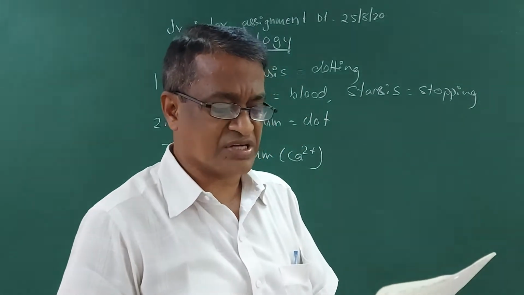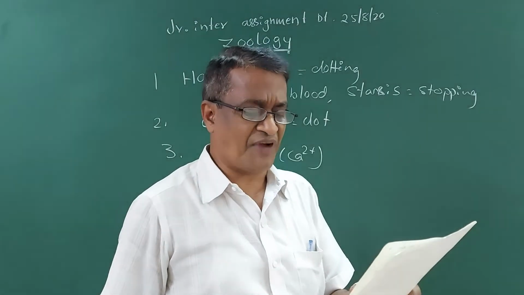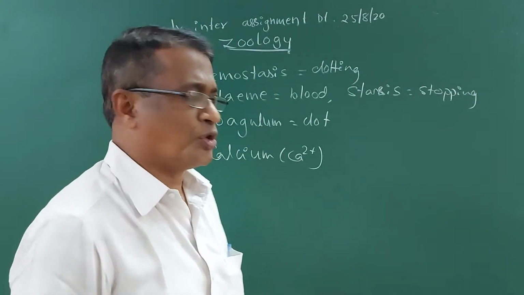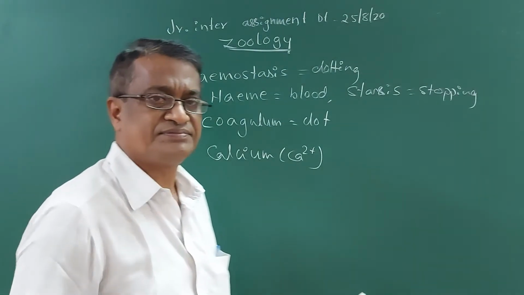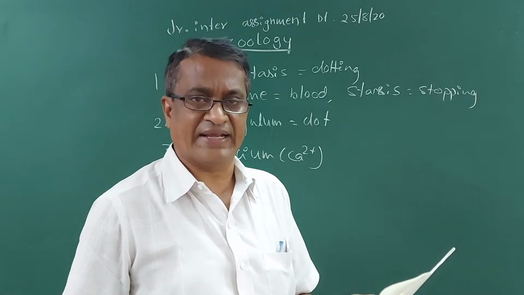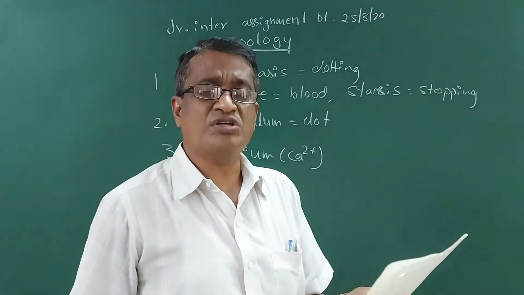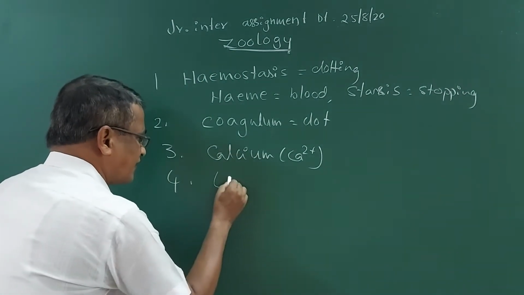Then, most of the blood clotting factors are synthesized in the liver. There are 13 factors or substances which participate in blood clotting, and most of them are synthesized in the liver.